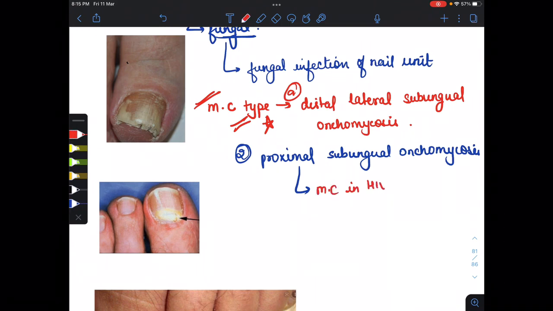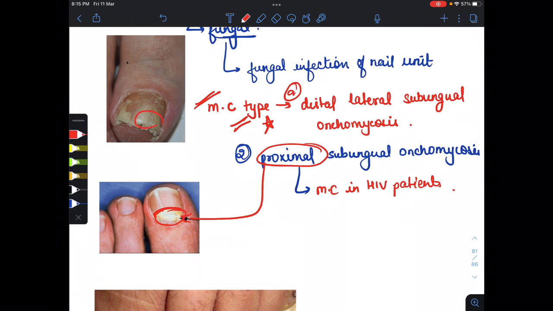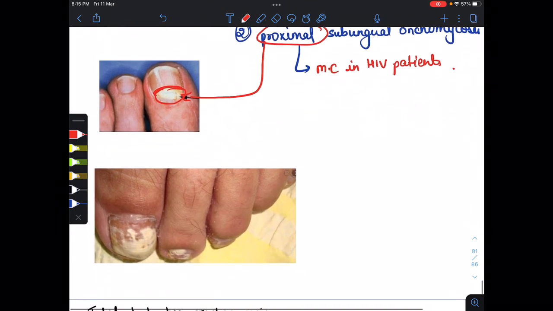Please remember, it is most common in HIV patients. In the HIV patient the proximal part is involved, as we can see here: this is the proximal part, and this is the lateral part.